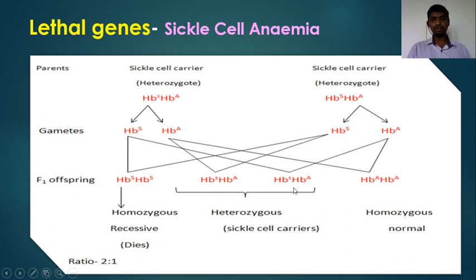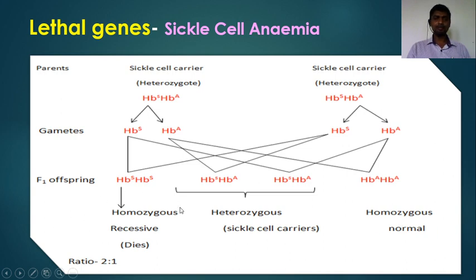But these two heterozygous individuals are the carriers. Each possesses only one HbS allele and one normal allele HbA. This other individual is homozygous normal. It does not possess the HbS allele, it possesses both normal alleles.